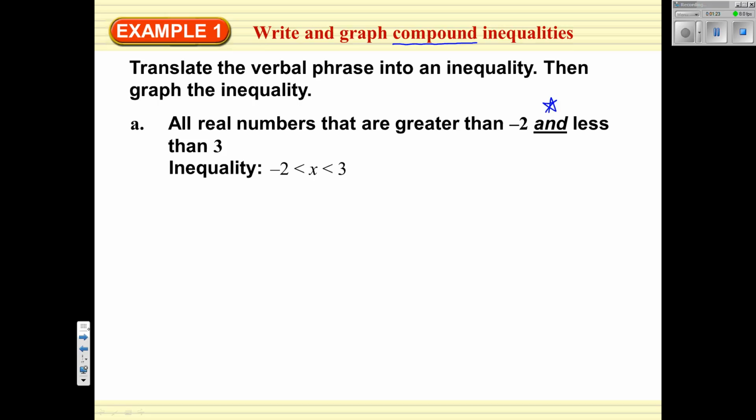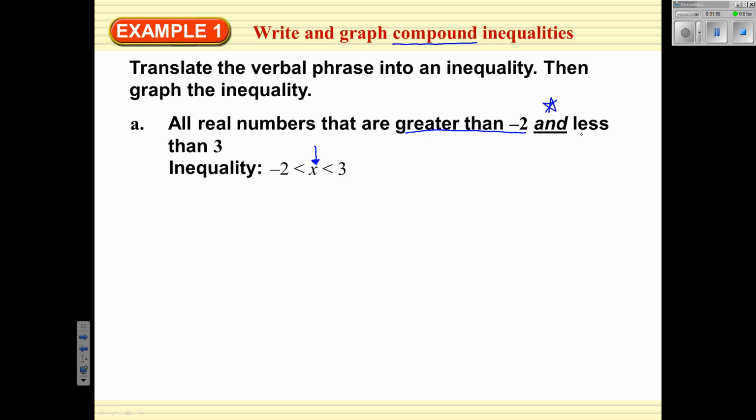So we're going to write that like this. So here's my solution set. Here is my x that's going to represent all real numbers, because remember we can start with our variable when we're reading our inequality. And right here it says that our solution set of x has to be greater than negative 2, which follows this part, but it also has to be less than 3.